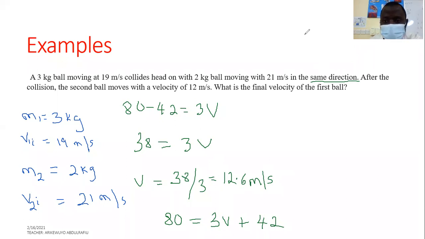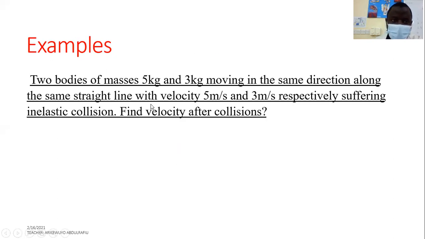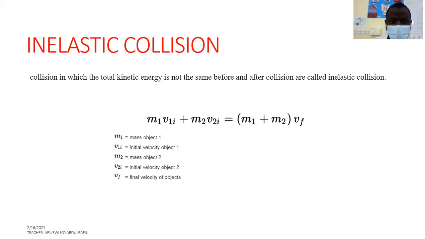Now, let's go to the second type of collision, which is what? The second type of collision is called inelastic collision. For inelastic collision, the total kinetic energy before collision is not the same as the total kinetic energy after the collision.